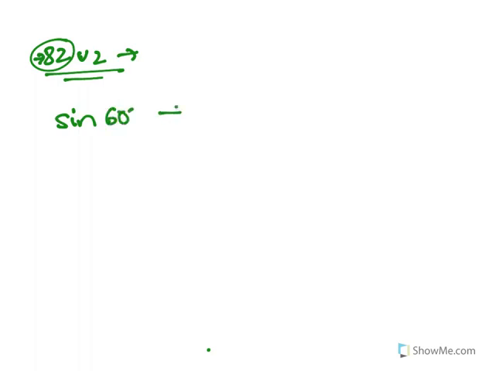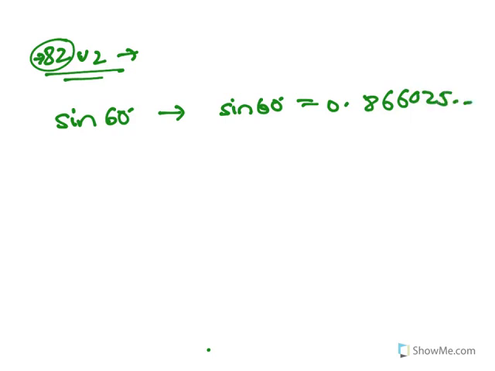Alternatively, if you have that 82 version 2 calculator, it will do it for you directly. But on a calculator, if you put sine of 60 degrees in, you'll get a decimal. Now that decimal is actually a third. So you go sine 60 and you get 0.866025.